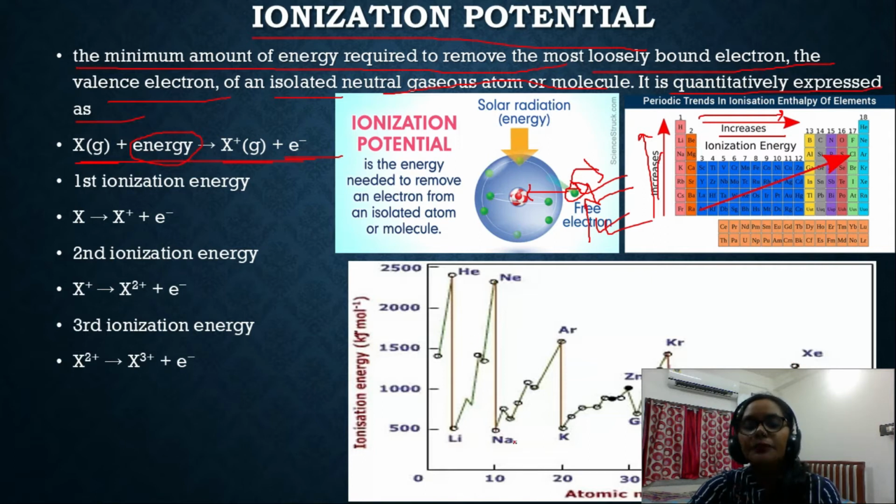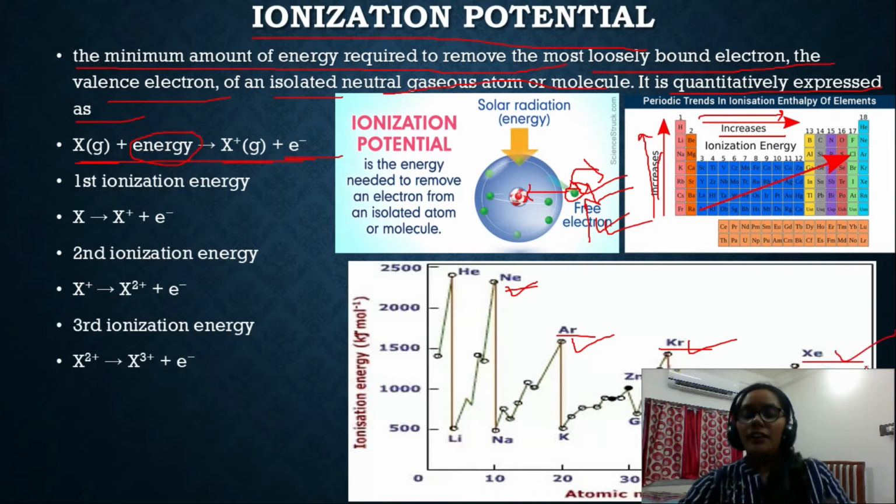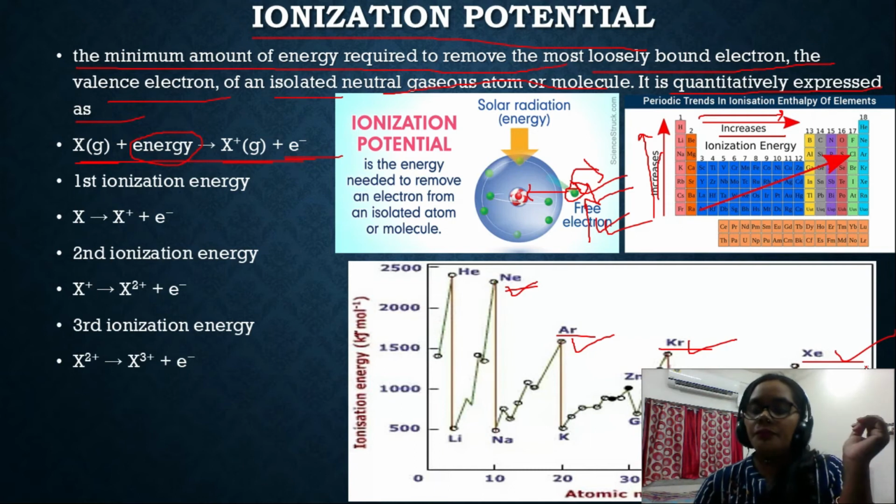Now you can see from this graph: neon, argon, krypton, xenon, radon, all these are inert gases. For these inert gases, the ionization potential is very high. Why very high? Because they have a full-filled shell, right?